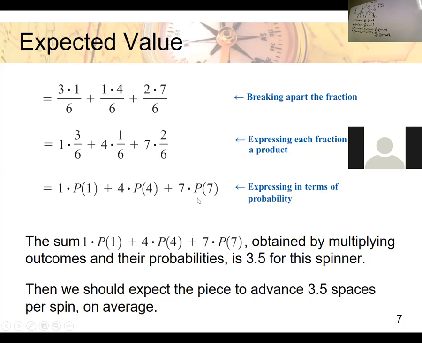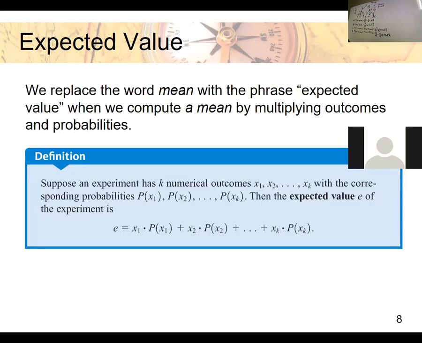Here they're just trying to derive a formula for calculating the expected value, which is on this next slide. So the word mean is going to be replaced with the phrase expected value. In this definition, let's say we had an experiment that has k numerical outcomes, x1, x2, all the way to x of k, with corresponding probabilities, probability of x1, probability of x2, all the way to probability of x of k.